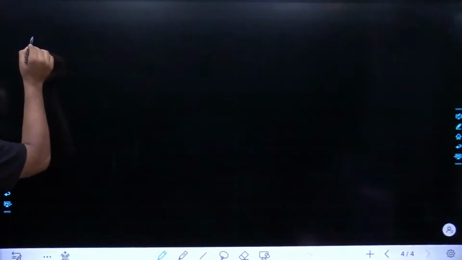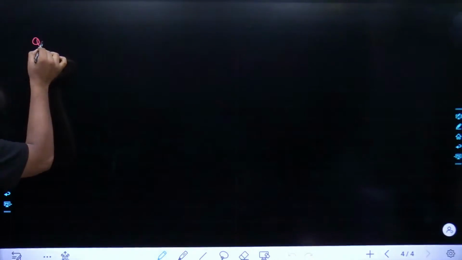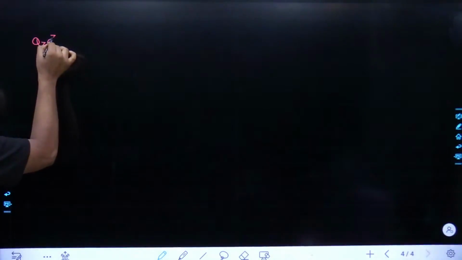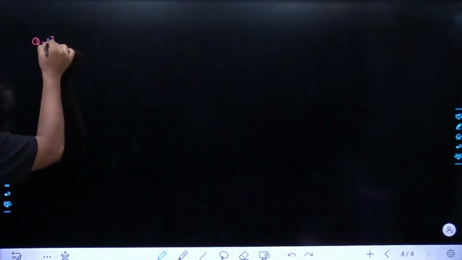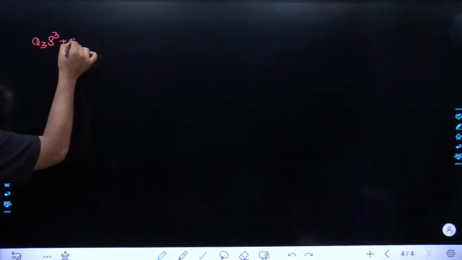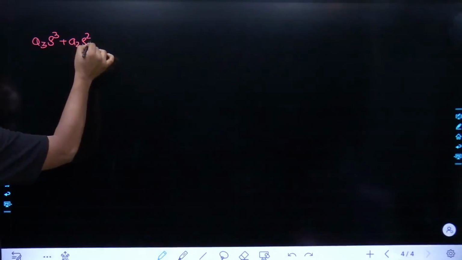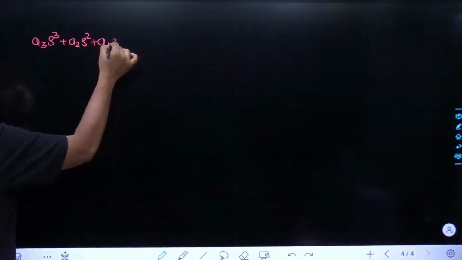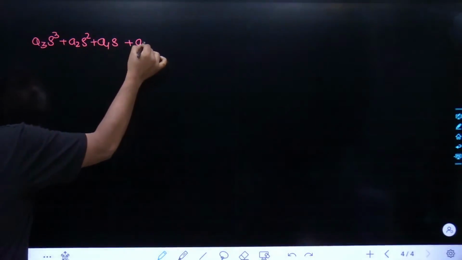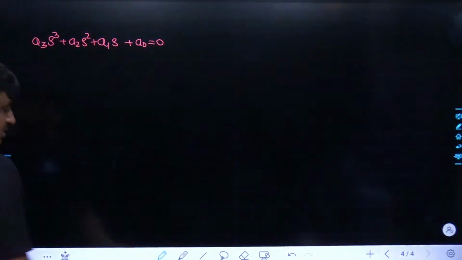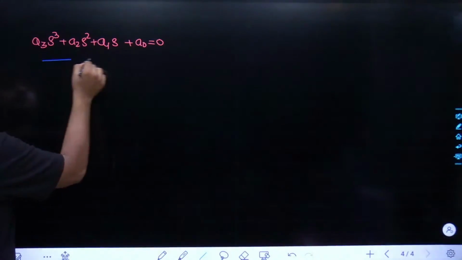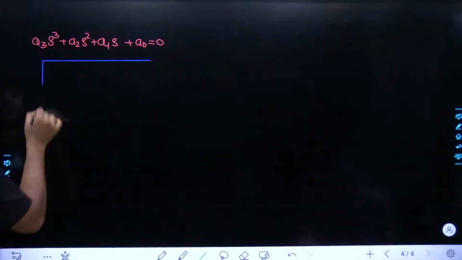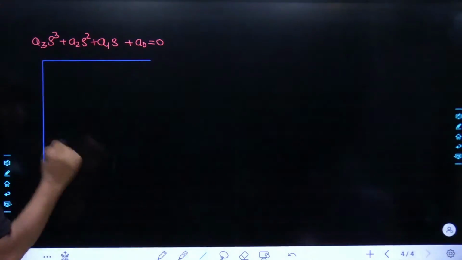Let's take a cubic equation: a3 s to the power of 3, a2 s square, a1 s, and here the last term is a naught. Let me draw the Routh-Hurwitz table.